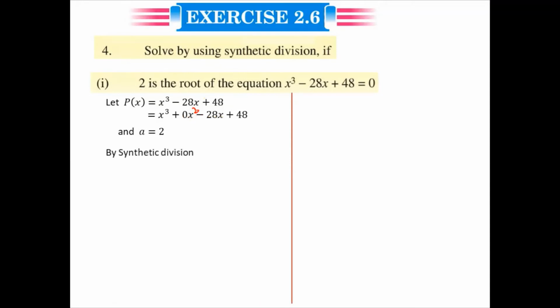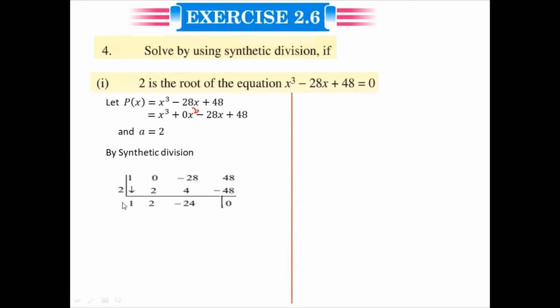So by using synthetic division we can write the coefficients as: coefficient of x cube is 1, coefficient of x square is 0, coefficient of x is minus 28, and constant term is 48. We take this 2 on the left hand side.